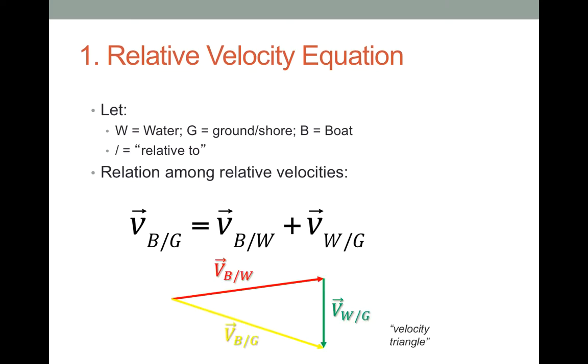And we'll refer to this triangle as the velocity triangle. So what we have right here is the velocity of the boat relative to the water, which is this red vector right here. We add the current, which is this green vector right here, and the yellow vector is our resultant. So what we're going to do is represent this equation graphically by drawing a triangle.